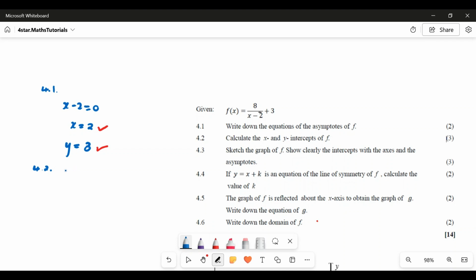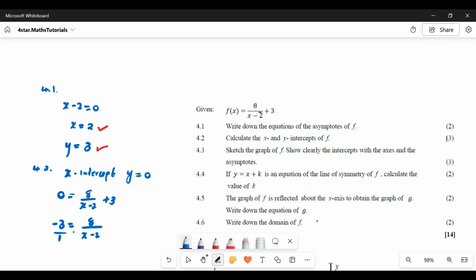We know that to find the x-intercept, this is where y is equal to 0. So from the function where we see y, we replace y with 0, 8 over x minus 2. Then we're going to try to make x the subject of the formula. Take 3 to the other side, then x minus 2.